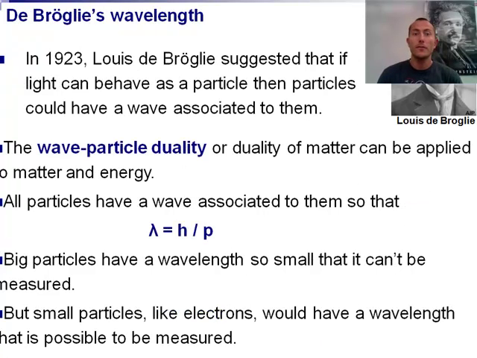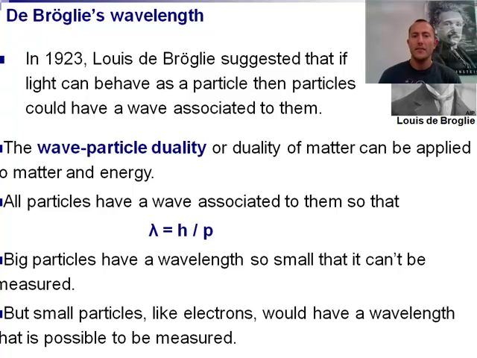Now that's well and good for electromagnetic radiation, but in 1923, Louis de Broglie said, well, if light can behave as particles, then why can't particles behave as waves or have wave properties associated with them? And so he proposed the idea of the wave-particle duality of matter. And he kind of looked at it from a different perspective.